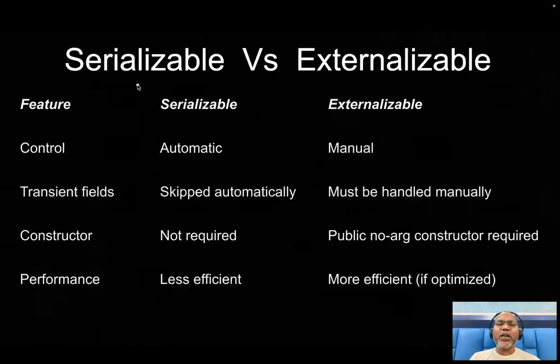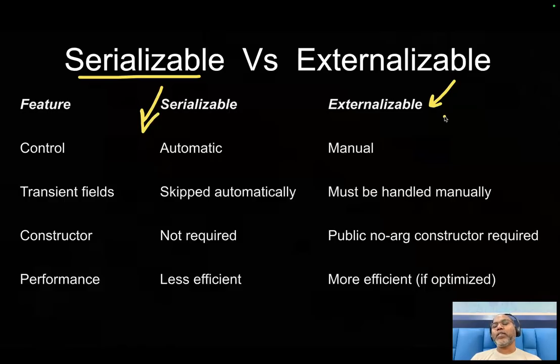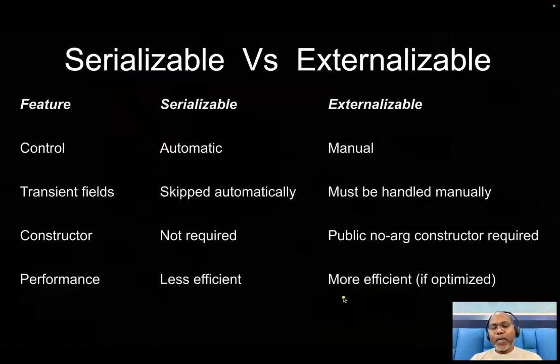But in the majority of scenarios, serializable works fine. This is for a specific situation where you want some more specific optimization or efficiency. At that time you can go with it. Okay, that's the point I had.